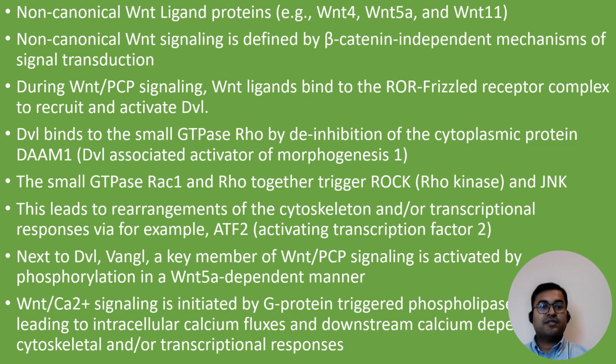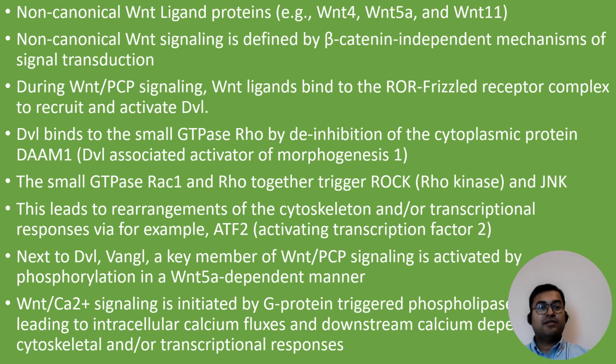The small GTPase RAC1 and Rho together trigger ROCK and JNK proteins. Activation of this ROCK protein and JNK protein leads to rearrangement of the cytoskeleton and transcriptional response, for example by ATF2.